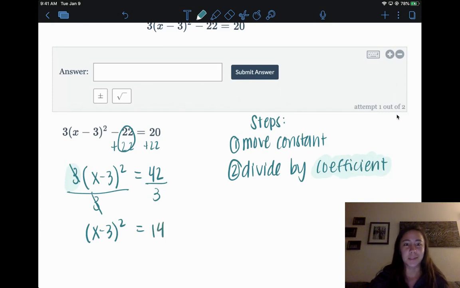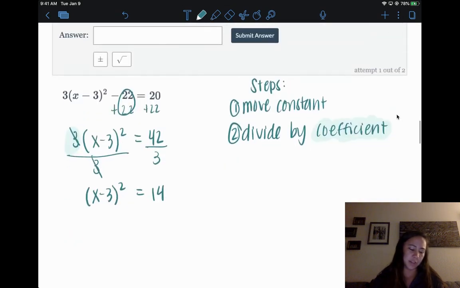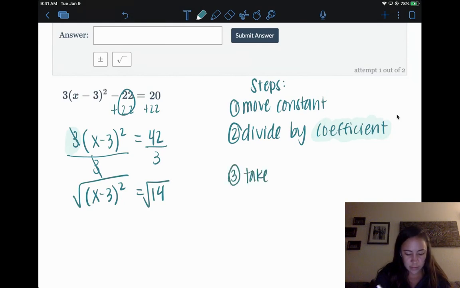All right, this is where it's a little tricky. It's okay if we get an irrational number. Because we have x minus 3 squared, you have to do like with completing the square. Take the square root of both sides. Remember, when you take the square root of both sides, you always get the plus or minus of that square root.